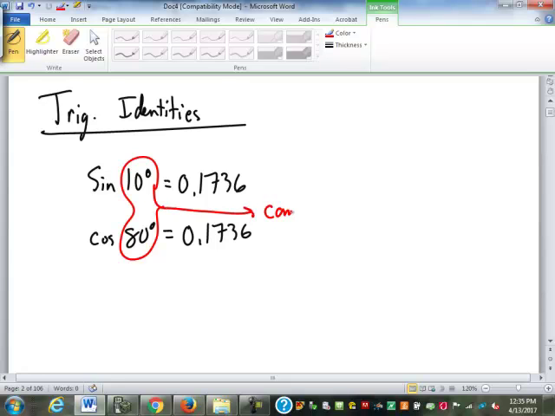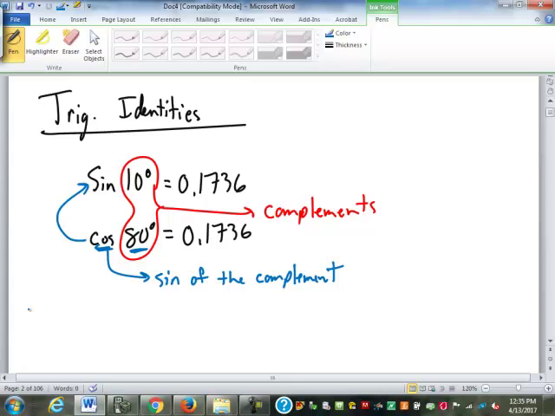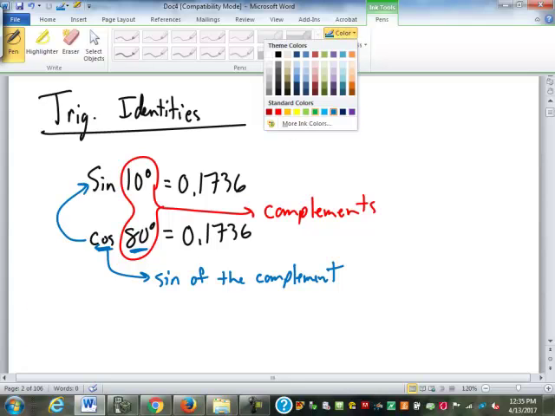Those are complements, right? And remember, cosine is saying sine of the complement. So the cosine of 80 should equal, better equal, the sine of 10, the sine of the complement.